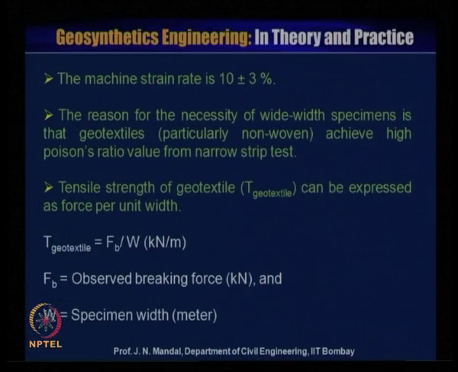So, T geotextile is equal to Fb by W. The strength of the geotextile is expressed as kilonewton per meter, where Fb is the observed breaking force in kilonewton and W is the specimen width in meter. That is why the tensile strength of the geotextile is expressed in kilonewton per meter. So, you remember it is kilonewton per meter, not kilonewton per meter square.